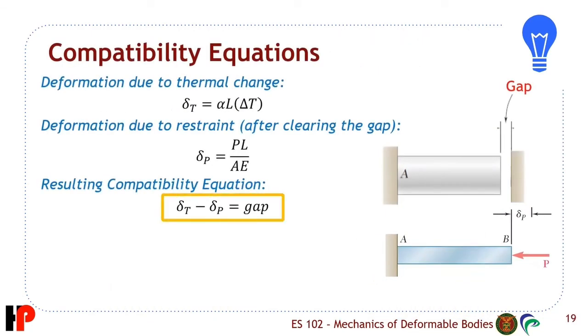So, kapag may gap, what happens is, if you heat this up, this will first expand up to this point hanggang sa tamaan niya yung gap. Tapos, pagkatapos niya tamaan yung gap, kapag tinuloy mo pa yung pag-init, mag-a-apply na ngayon ng force yung support reaction. So, parang imagine nyo pag wala itong harang, yung delta T would reach somewhere here. Pero dahil meron kang delta P, yung naging elongation niya lang talaga is itong part na to close this gap.